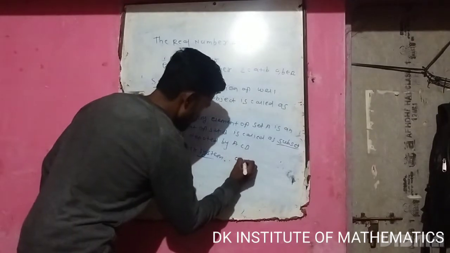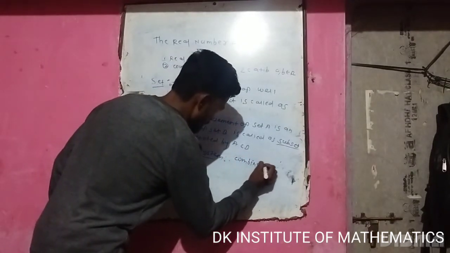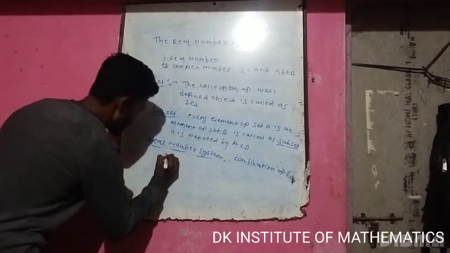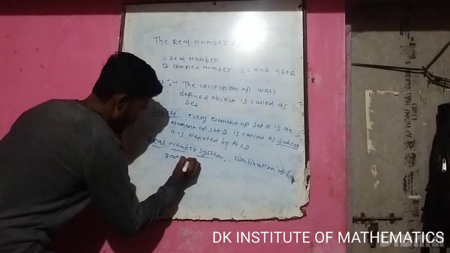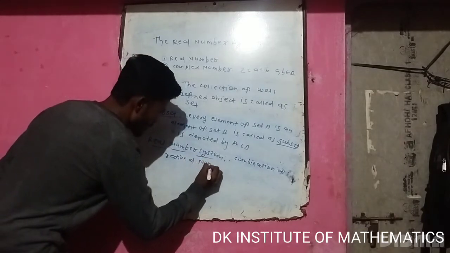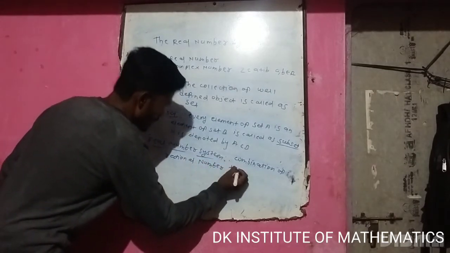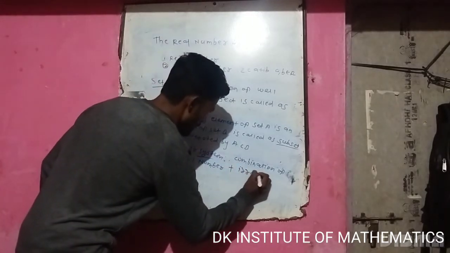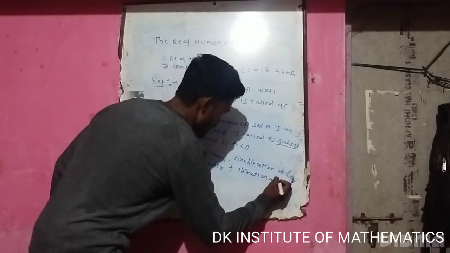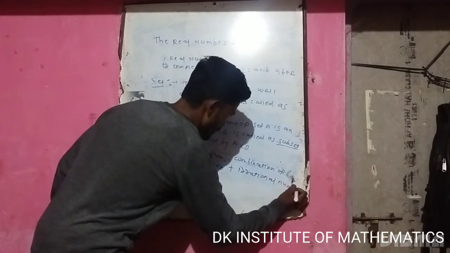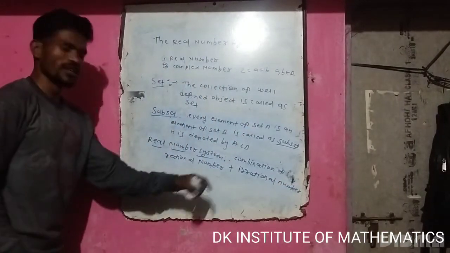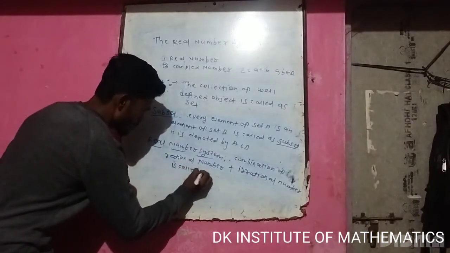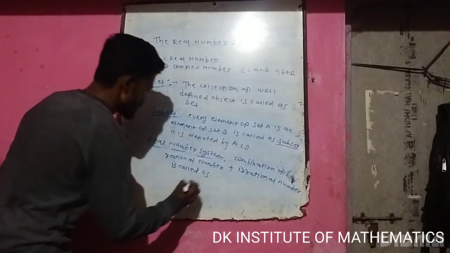The combination of rational number plus irrational number is called the real number system.